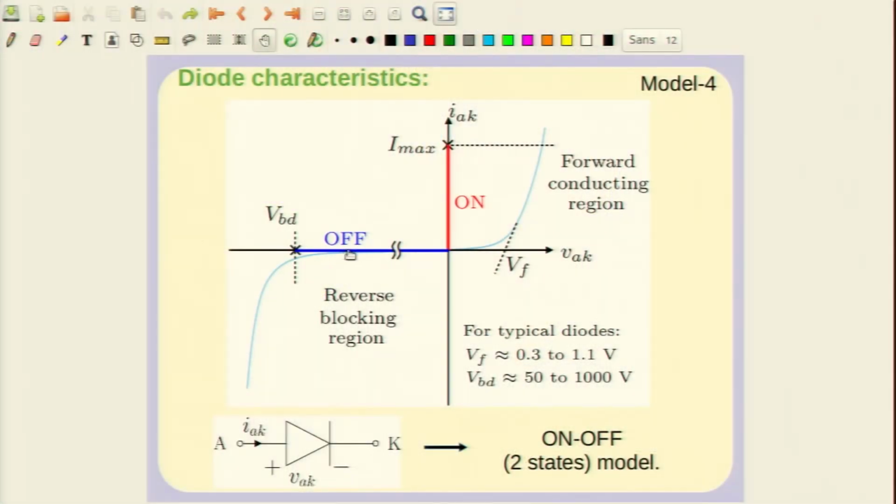So, at least as a first cut analysis, you can treat the diode as simply an on-off device. That is, when voltage is positive, it turns on, it has 0 impedance or 0 resistance, and when the voltage is negative, it has 0 current flowing through it.